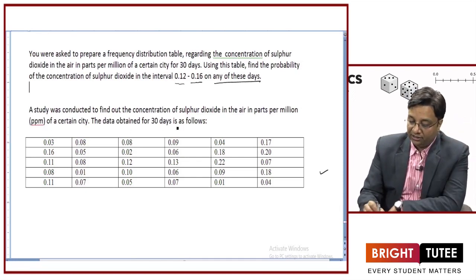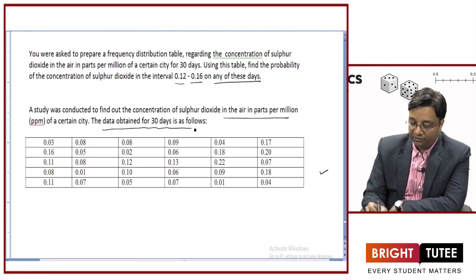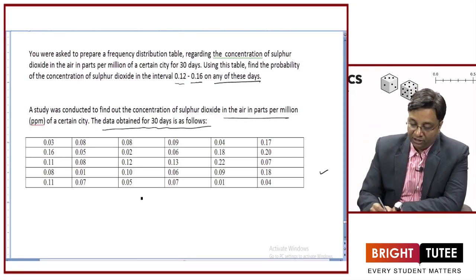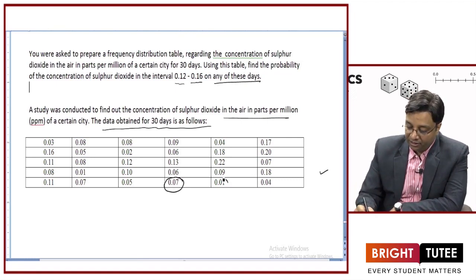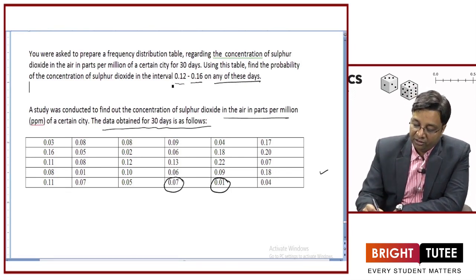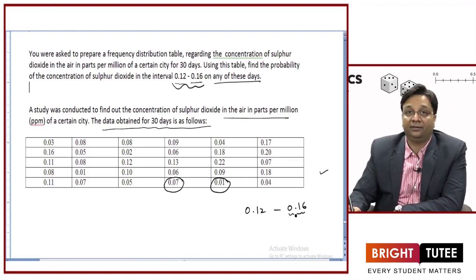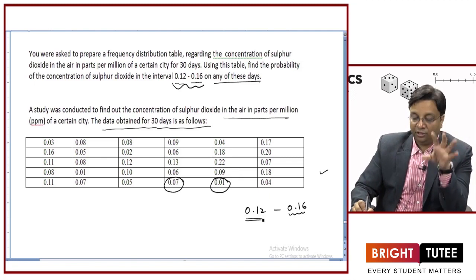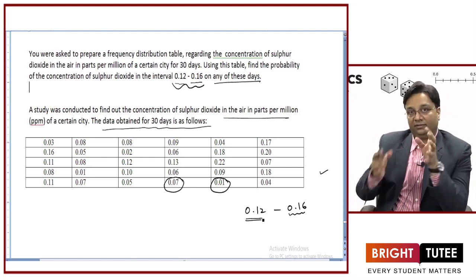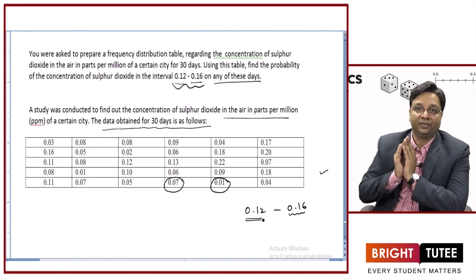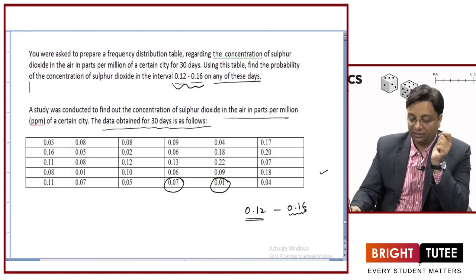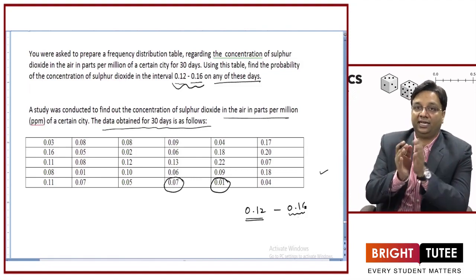When I talk about this interval 0.12 to 0.16, I do not include the upper limit, but the lower limit is included. So, if the data is 0.12, we will include that as our event, but if it is 0.16, we will not include that observation.